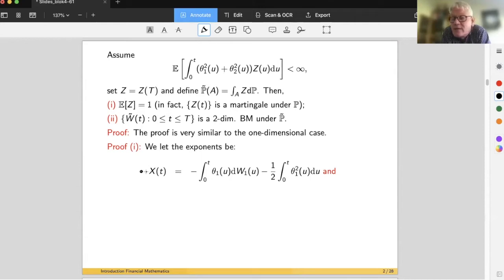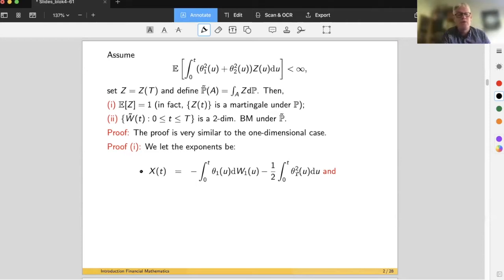And now with the two components in the exponent, a one component and a two component, we will be using two stochastic processes, Xt and Yt, where Xt is the part of the exponent in the one direction, so minus the integral from 0 to t, theta 1u dW1u, minus 1/2 the integral from 0 to t, theta 1 squared u du.